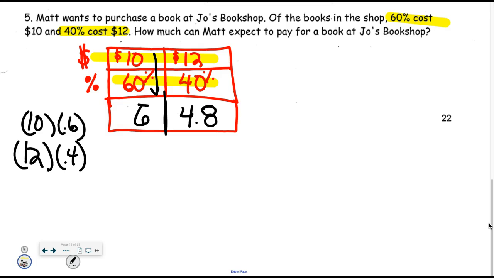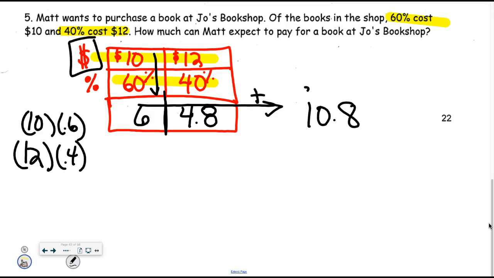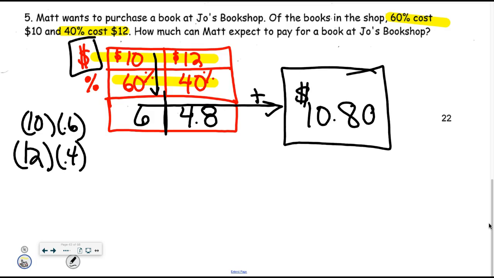And then you add up across the bottom row. 10.8 is your expected value. So it's not points in this case, it's dollars. So $10.80 is on average what you can expect to pay.